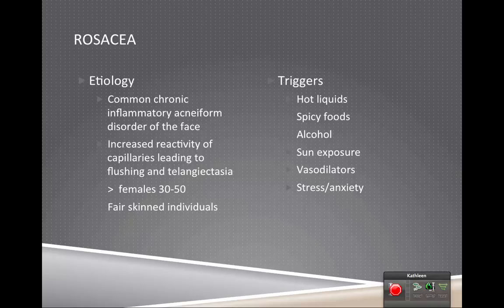Acneiform is similar to acne in appearance. It's not acne, if you will. The triggers consist of hot liquids, spicy foods, alcohol, sun exposure, vasodilators, stress, and anxiety.